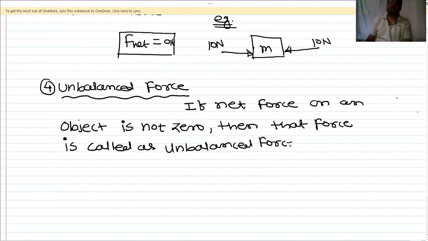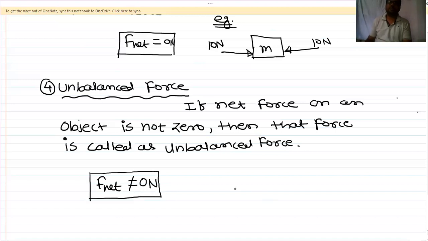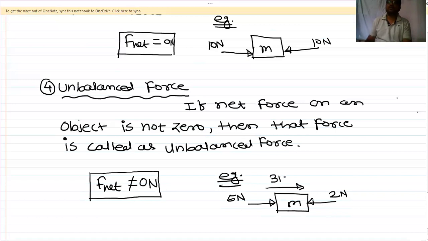So you can write, if F net, that is the net force, is not equal to 0 Newton, then this force is the unbalanced force. Example: if a body of mass m has a force of 5 Newton applied towards right and 2 Newton towards left, the net force will be in the direction of the greater force, towards the 5 Newton side, and the net force has a value equal to 3 Newton. So this is F net. I hope this is clear.